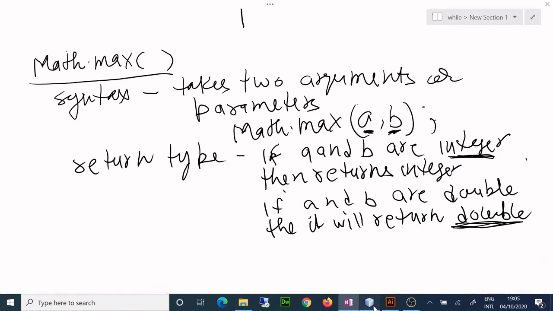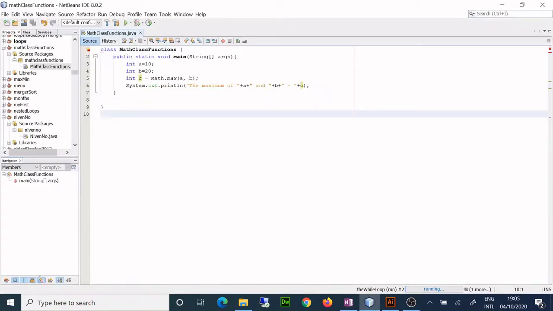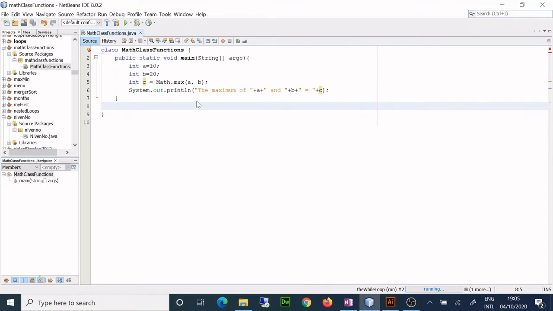Let's see how the program actually works. So this is a small program that I have here. I've taken two variables, both integers, and I'm storing the value that this function is going to return. Most of these functions will return values. So it's going to return the maximum of a and b, and then I'm printing it here.